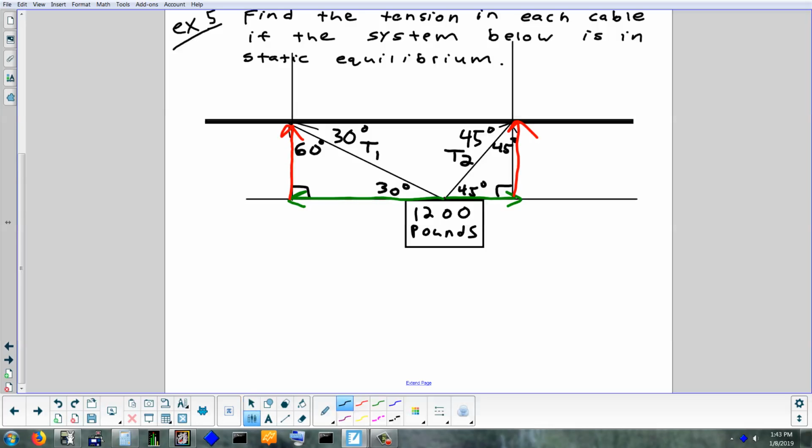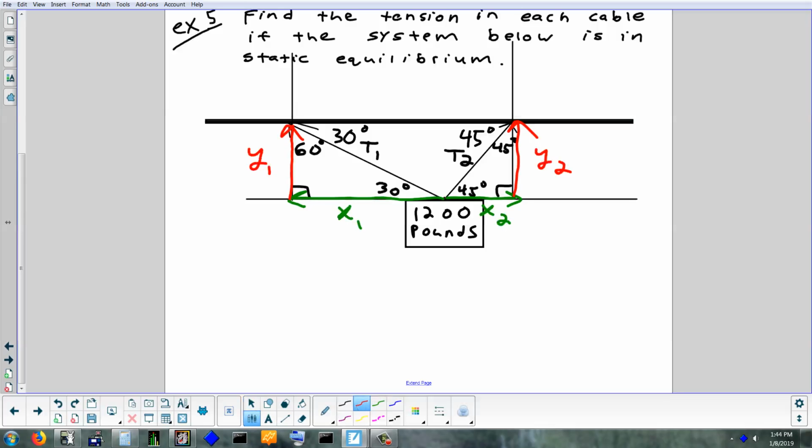Let's call this one X, because it's horizontal. We'll call it X1. This one we'll call X2. They're both X's because they're horizontal. What would be a good letter to use to name the red arrows? Y. So let's use Y1 and Y2.